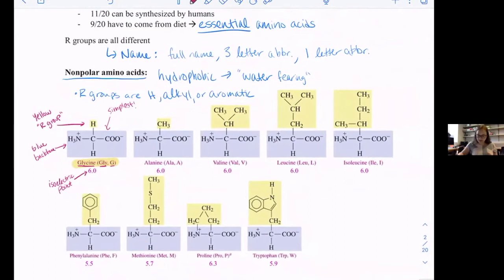And then we also have alanine, which is just a methyl group. We have valine, which is easy to remember because the R group looks like a V, valine. So it's got an isopropyl group. We have leucine, which is like valine, but it has an extra carbon in there. We have isoleucine, which is like leucine, but one of the methyl groups is moved over.